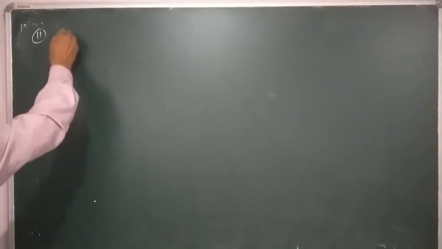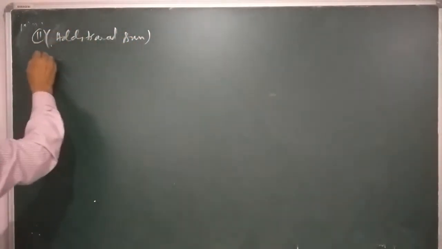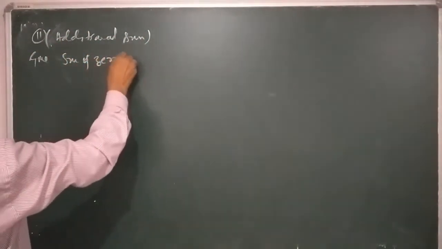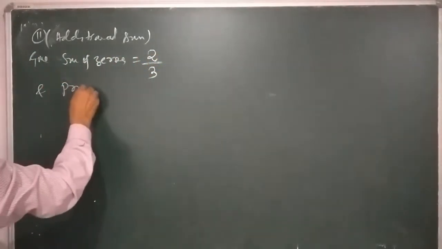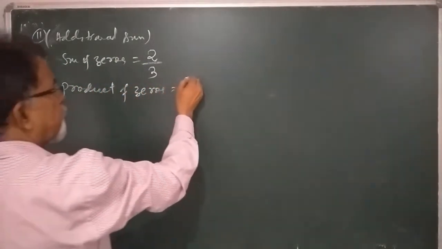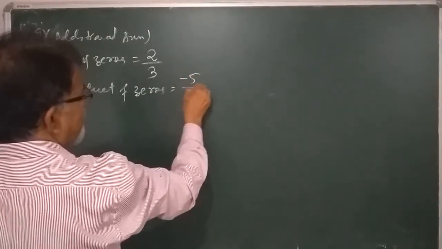From that, your concept will be clear. Given sum of zeros equal to 2 by 3 and product of zeros equal to minus 5 by 4.